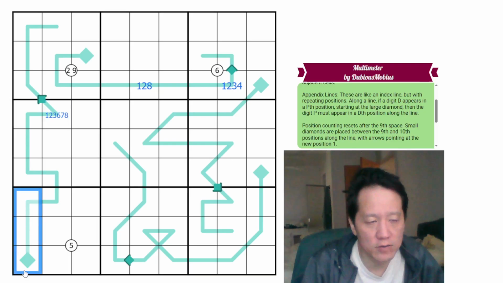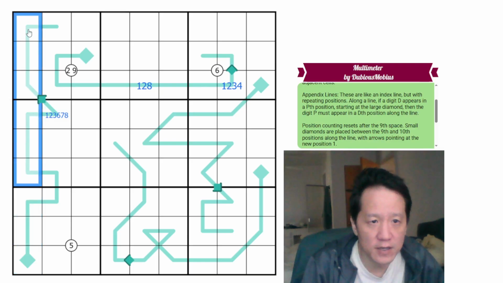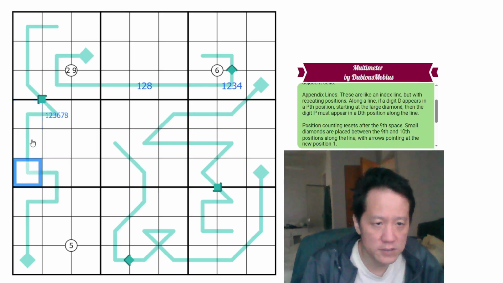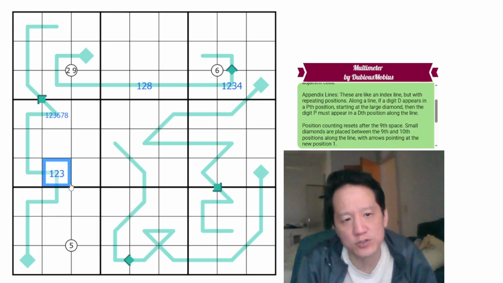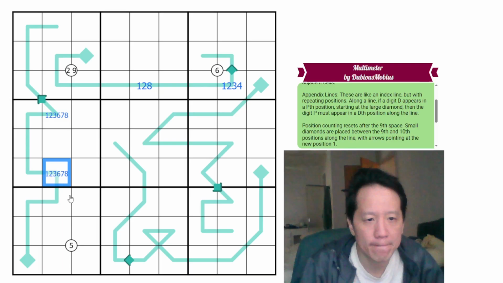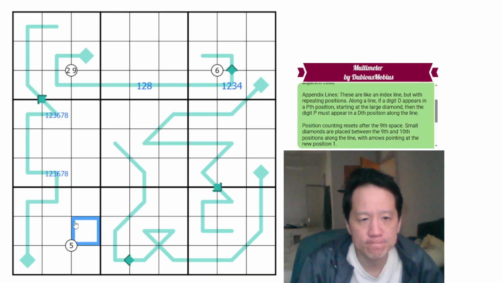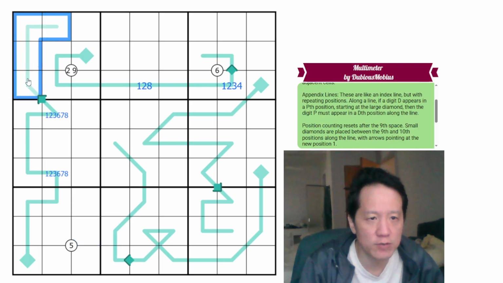There's no 5 here. So the 5 in column 1 has to be in position 6, 7, or 8, and 1, 2, 3 also. And this is 1, 2, 3, 4, 5. So this is the 5th position, which is 1, 2, 3, 6, 7, or 8, because there's only one 5 in this set.